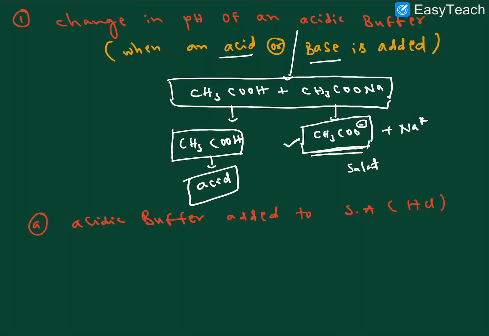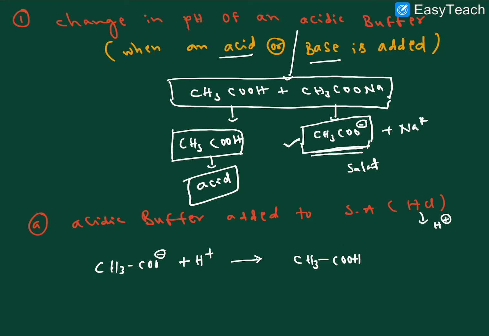So how is it changing the pH here? This is the acetate ion. From the HCl, H plus is coming, right? So the acetate ion, or any negative ion, reacts with H plus, right? So what is forming here? Acetic acid is forming, right?